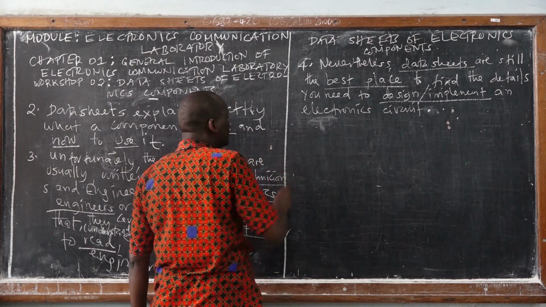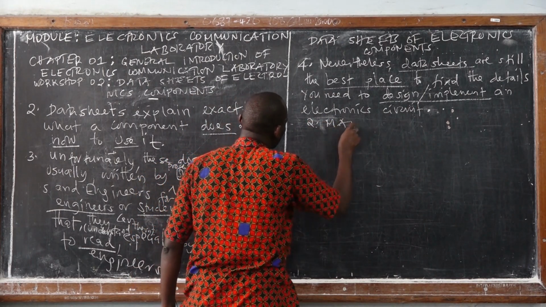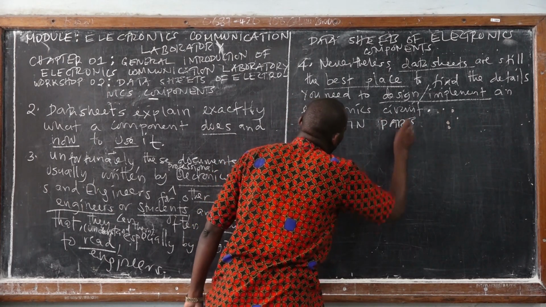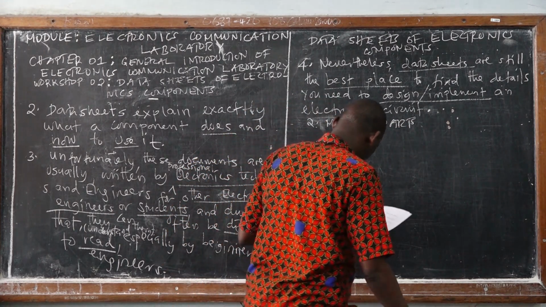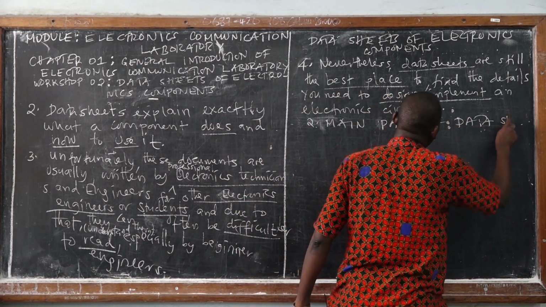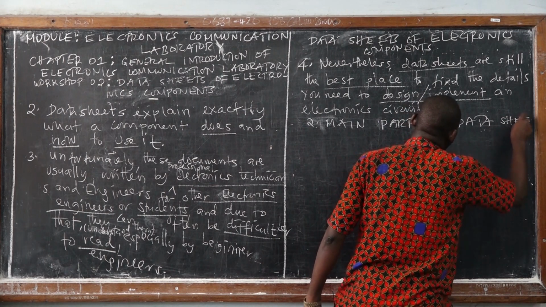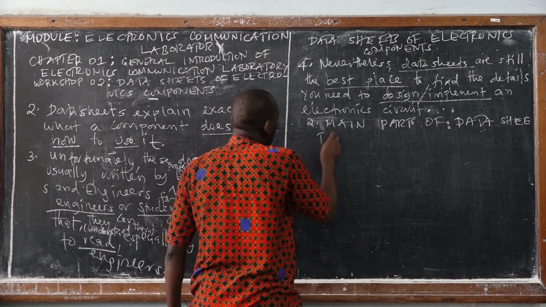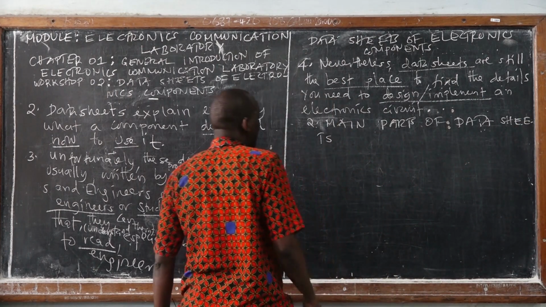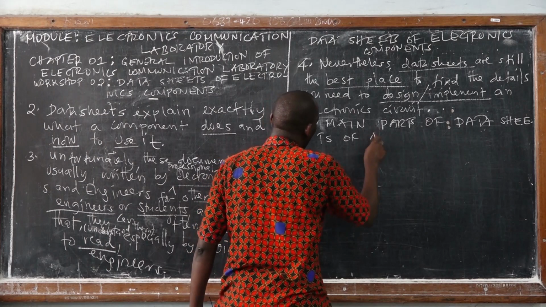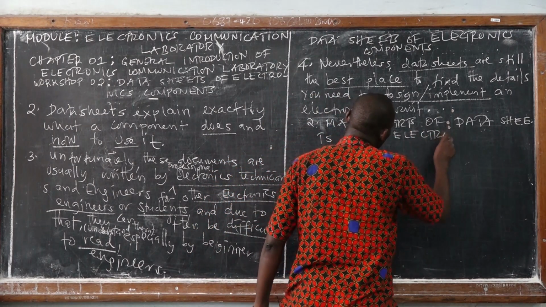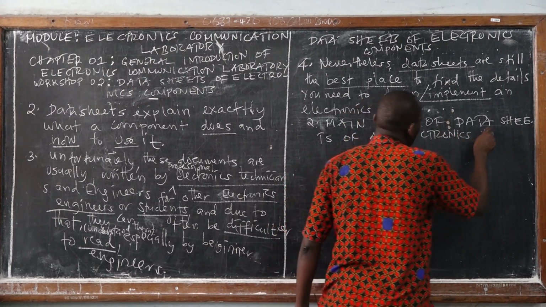So the second part that you have to cover is the main parts of a data sheet. Most data sheets have some common main parts. So, the main parts of the data sheet of an electronics component.